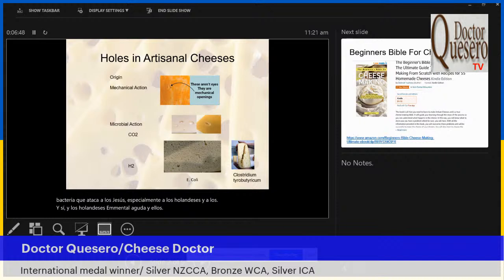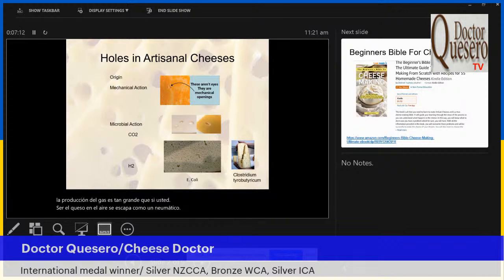They expand the cheese. They don't produce carbon dioxide. They produce hydrogen. Sometimes the production of the gas is so big that if you pin the cheese, the air escapes like a tire.